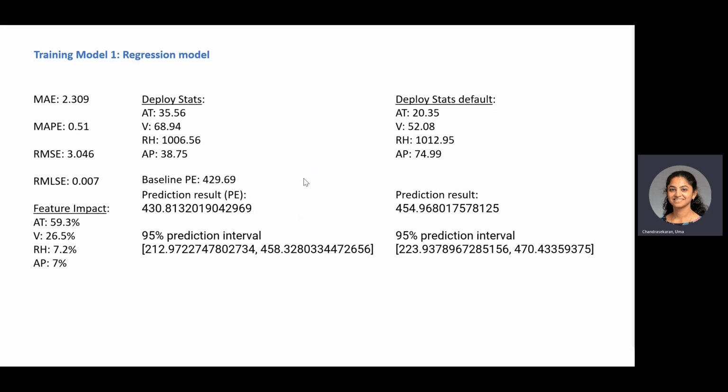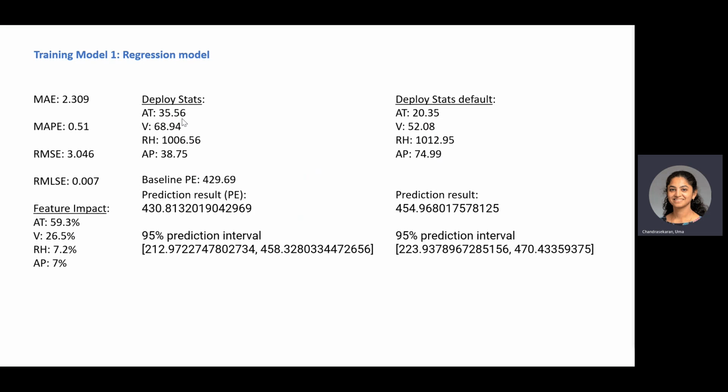Keeping those default parameters, once I deployed the model, these were the average or default stats that were used. For this, the prediction result for the electrical energy output was almost 455 megawatts, and the confidence interval was quite tight as well.